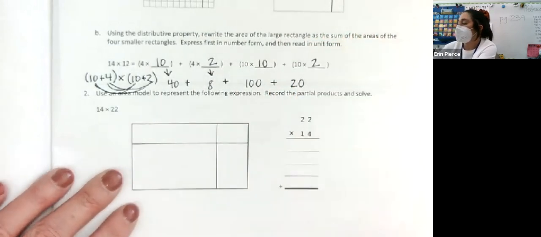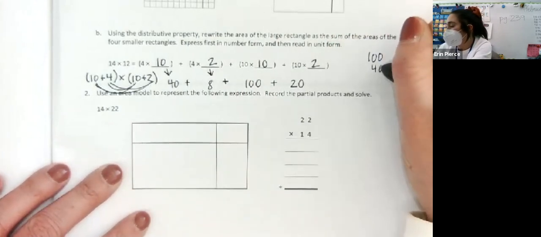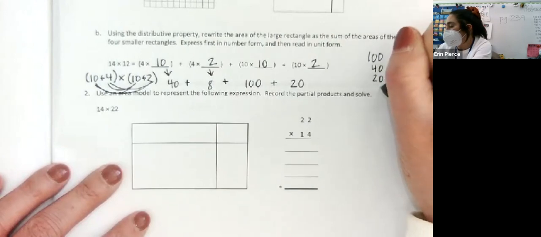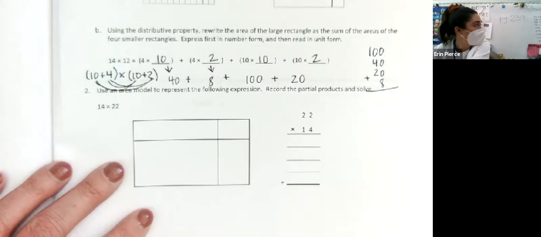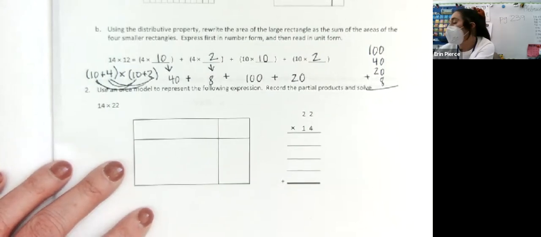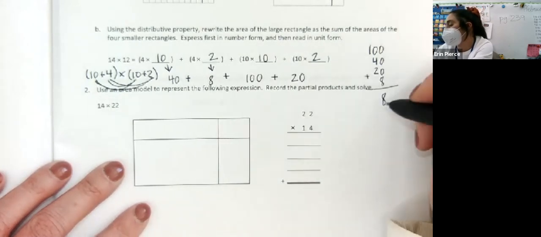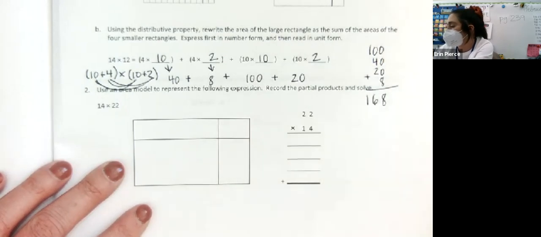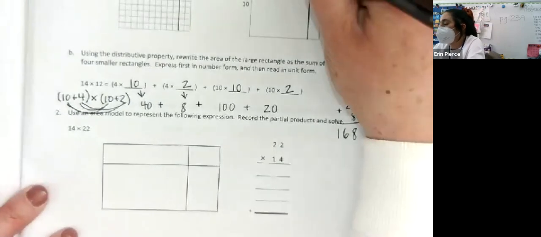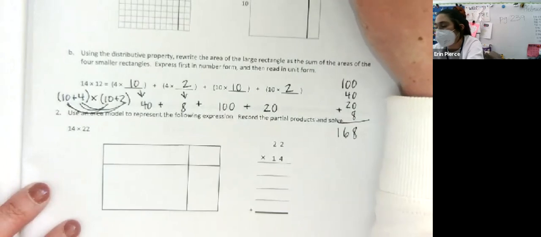And so if we take all of those, 100, 40, 20, and 8, let's add them all together. 8 plus 0, 8. 2 plus 4, 1 plus 0, 1. So if I go all the way up to part A, I can say 12 times 14 equals 168.